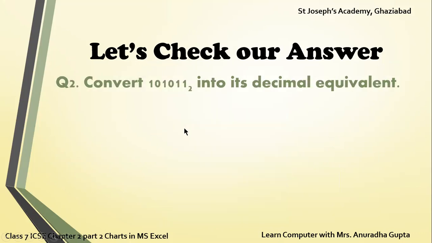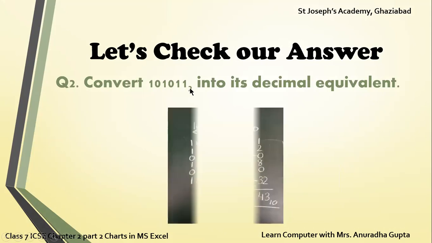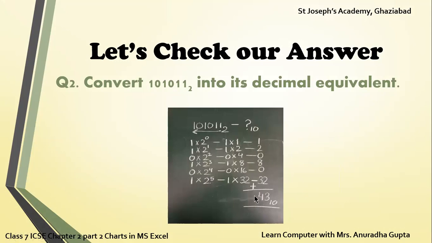Let's move to the second answer. Here we are converting 101011 into its decimal equivalent. We will get the answer 43. 43 is the decimal conversion of the binary number.